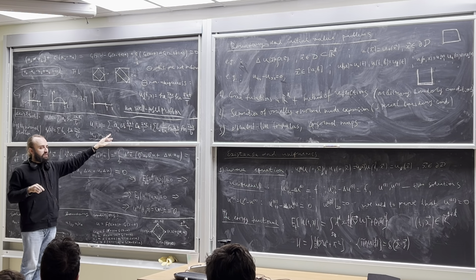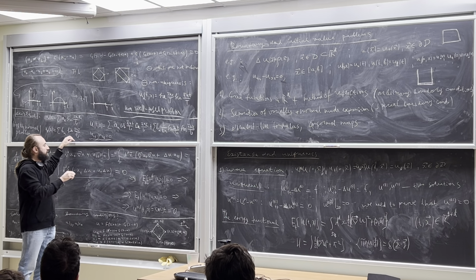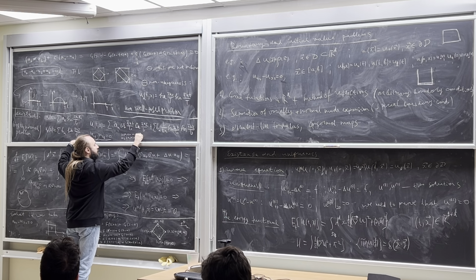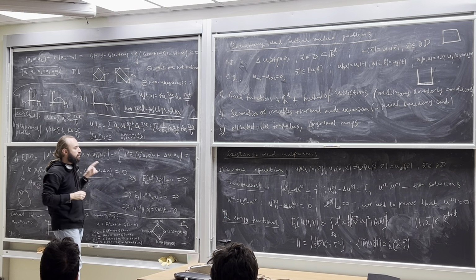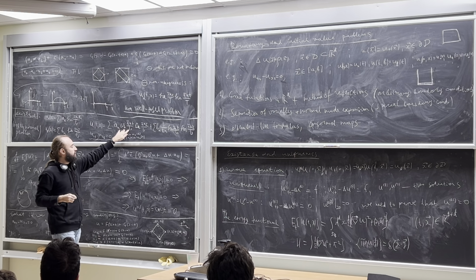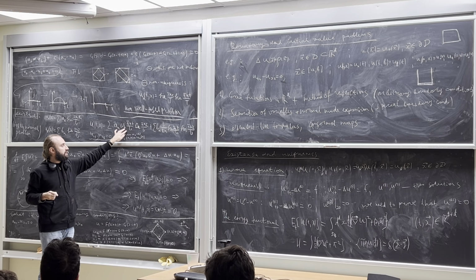And then it should also be clear that it satisfies the conditions u of 0 and x equals u0 of x, and u t of 0 and x equals u1 of x. Because when we just put t equals 0, all the terms vanish, and the only surviving terms are these.